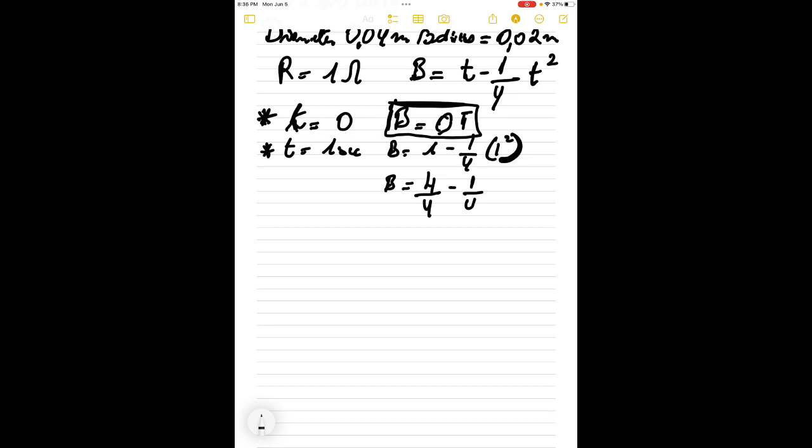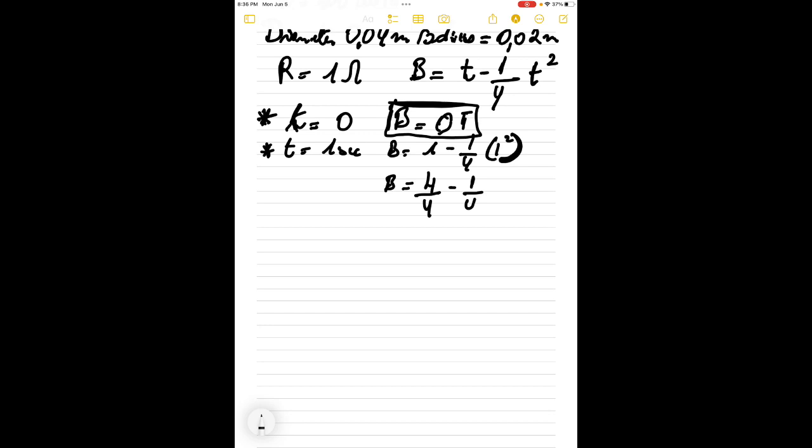We know that the current is equal to the number of turns, that's 100, times the area of the coil, pi times the radius 0.02 square, multiplied by the derivative of T minus 1/4 T square, divided by the derivative of time, multiplied by 1 ohm of resistance.